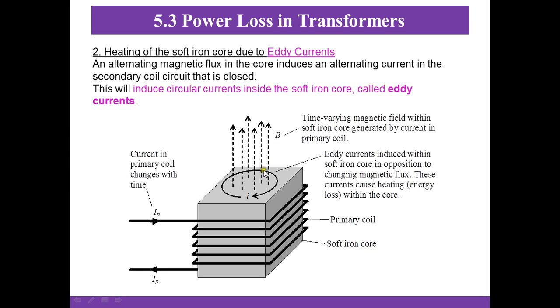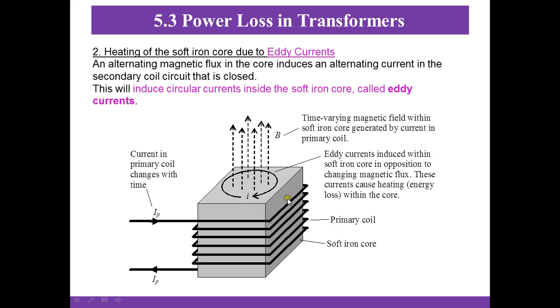At this moment, if the soft iron core sees the B field increasing upwards, it will want to counter this increase of B field. Using Lenz's law, we see that the current being produced must go in a clockwise manner to counter the B field being produced by the coil.